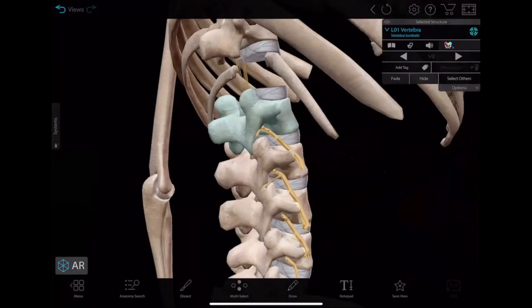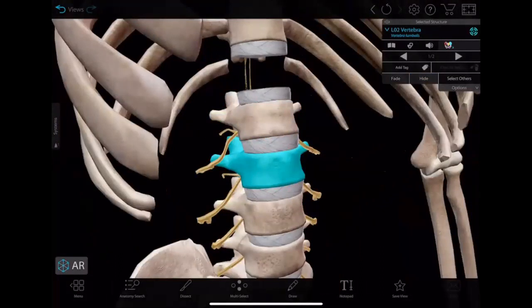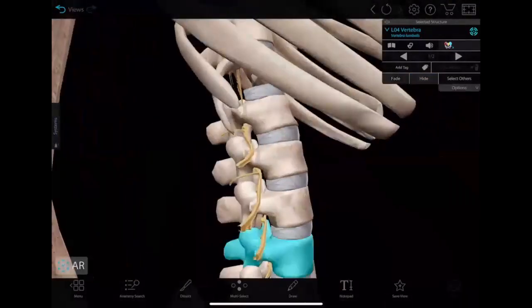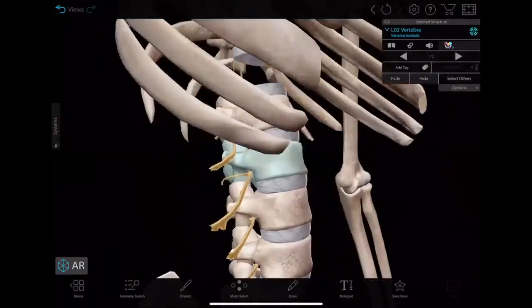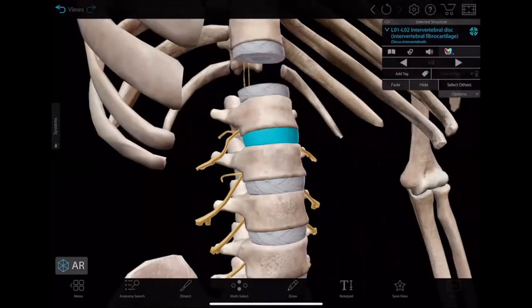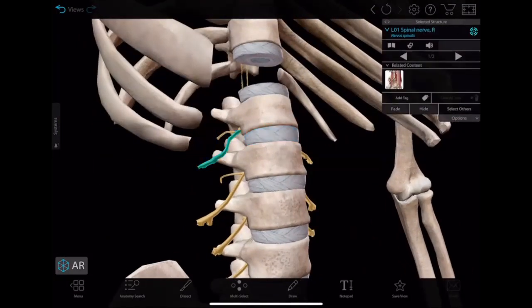L1 vertebra, L2 vertebra, L3 and L4, and the L1 comes from the intervertebral foramina between L1 and L2, at the junction of the L1 and L2 intervertebral disc. This one is the L1 spinal nerve.